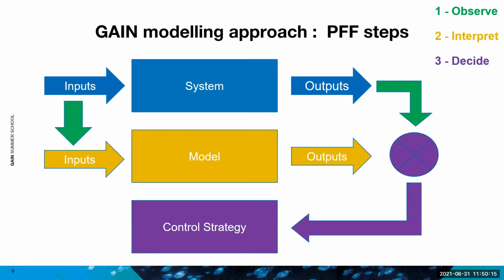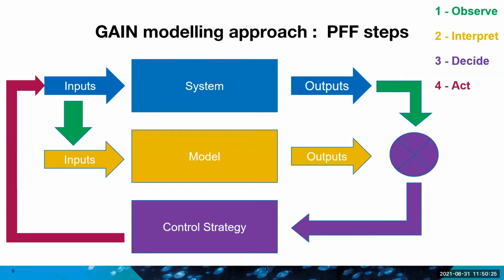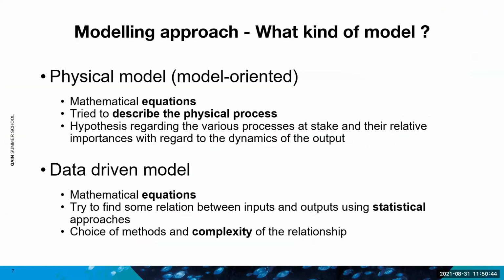Then from the model and the observations you made, you can take decisions, for example having a control strategy for your process. Then you have to act: once you have decided the control strategy, you can implement actions in order to control the process. So these are more or less the precision fish farming steps that are very important to understand.